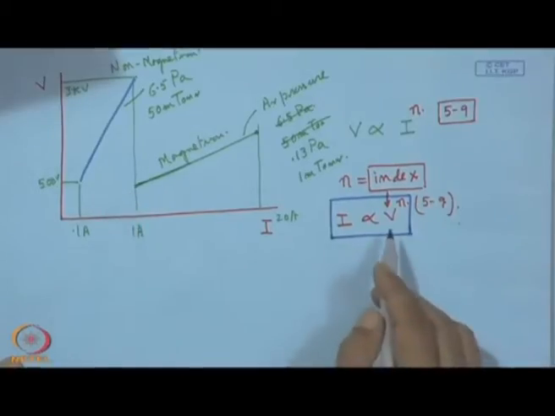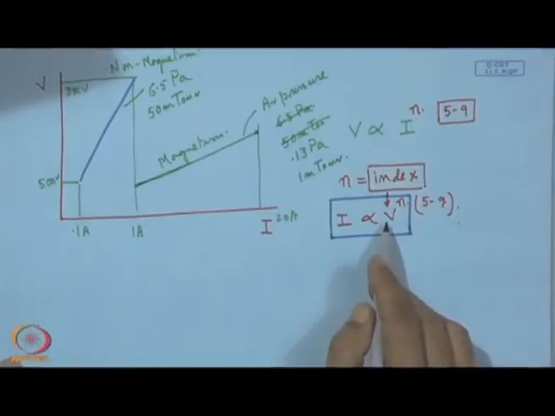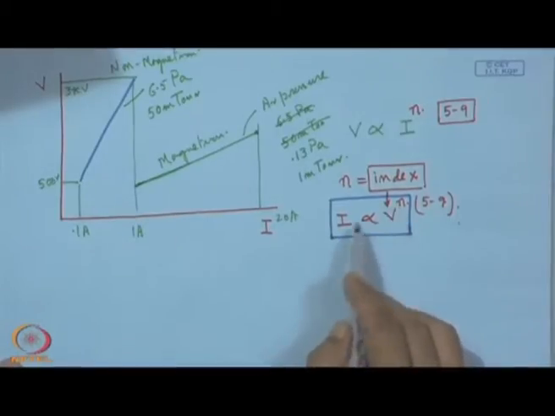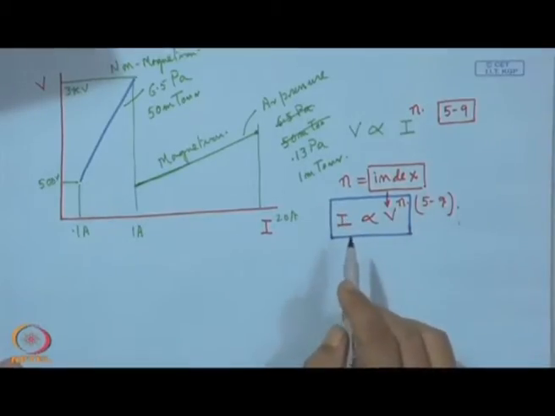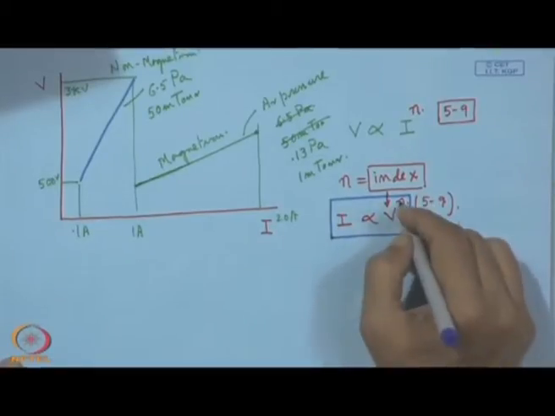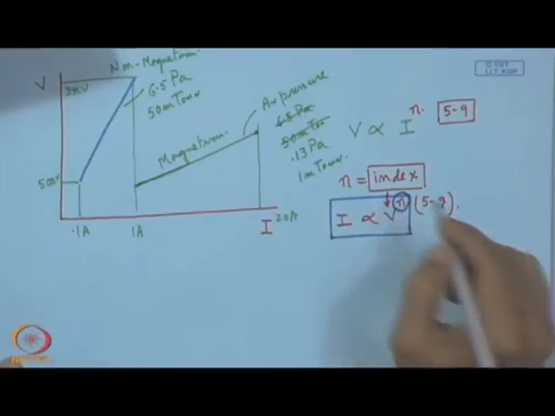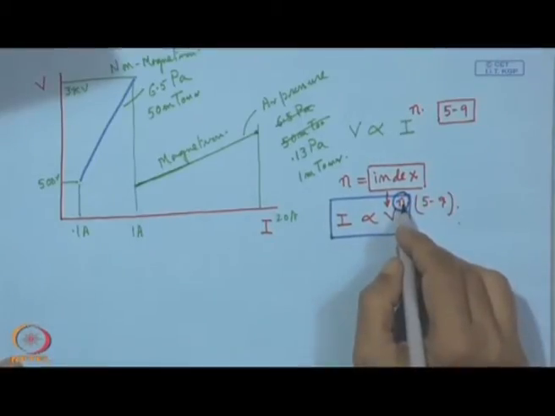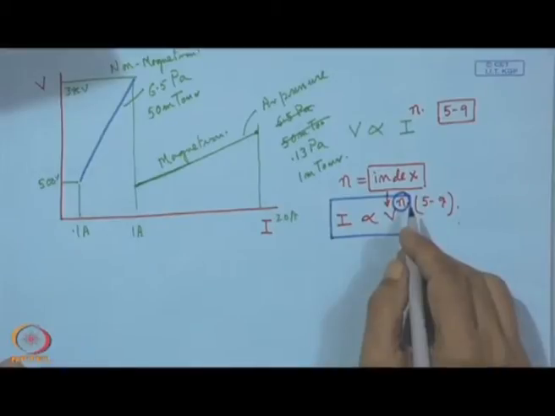Obviously, our choice, considering all technological constraints and limitations, would be a low value of V, and that is why, to get that same value of current, one has to increase the value of n. This n is exactly the role played by the magnetron.